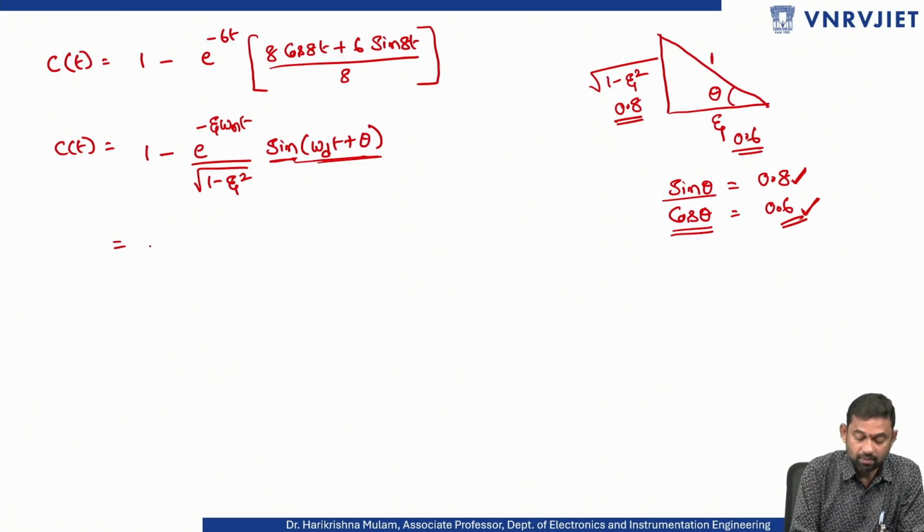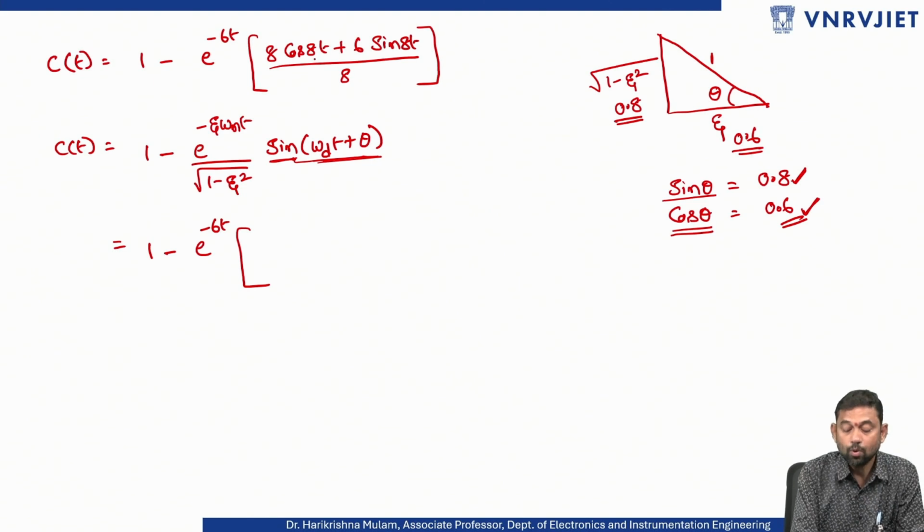Therefore, 1 minus e power minus 6t into, if this 8 has to become 0.8, it should be divided by 10. Therefore, I am dividing this entire expression by 10.